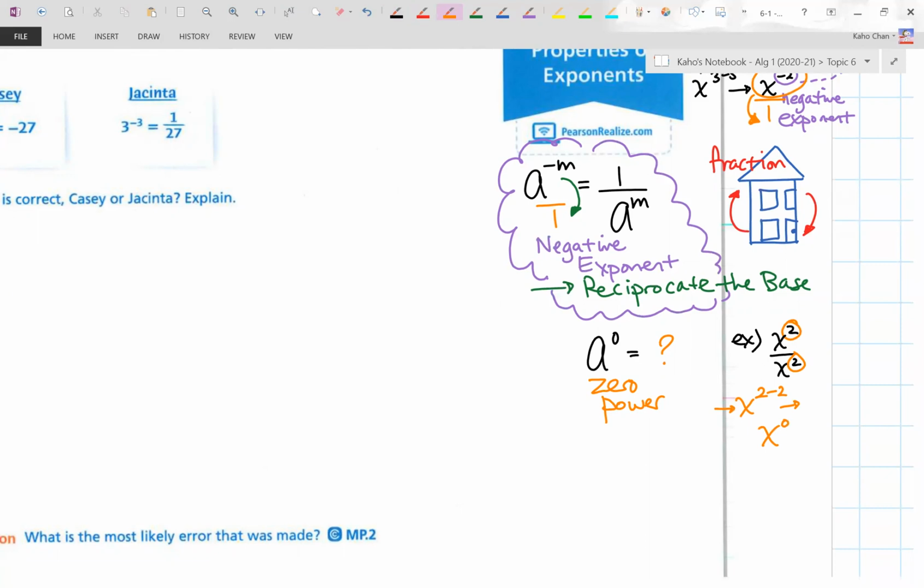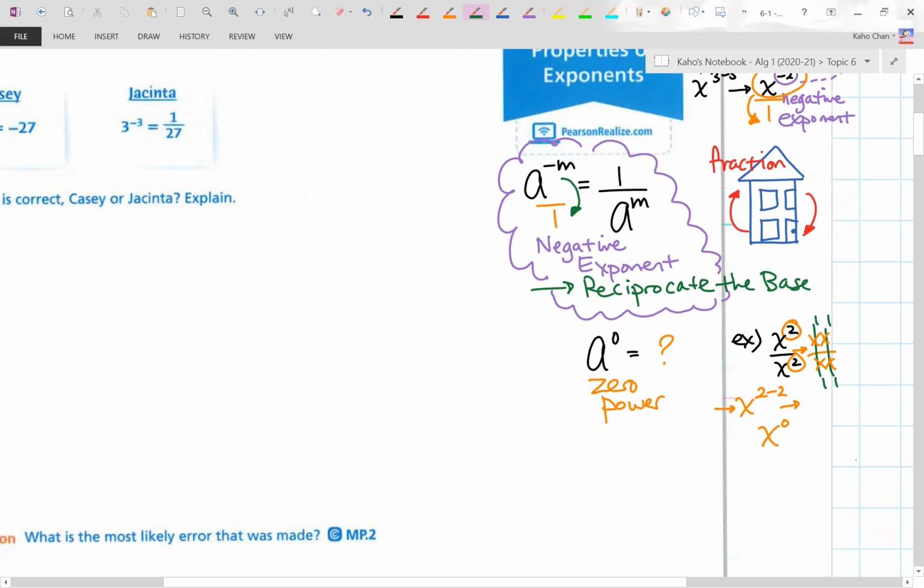X to the 0. Now, if I were to back up a little bit and expand x squared, I get x over xx over xx. Don't those cancel out and leave you with a bunch of 1s? 1 over 1 over 1 over 1 is 1.